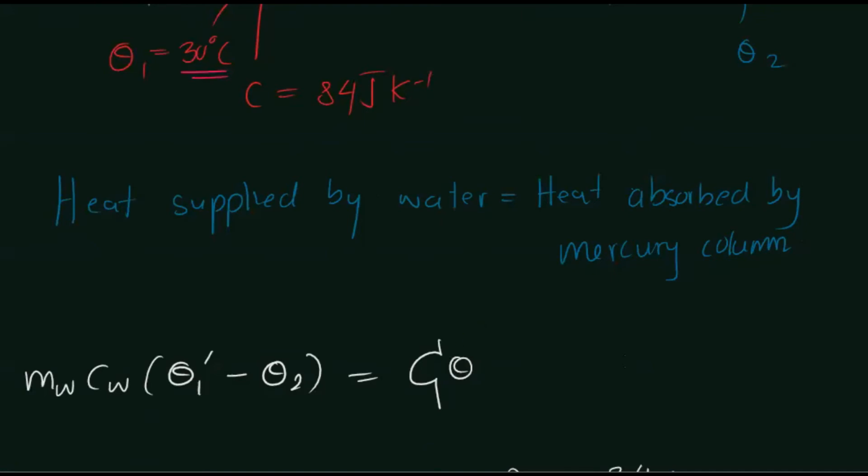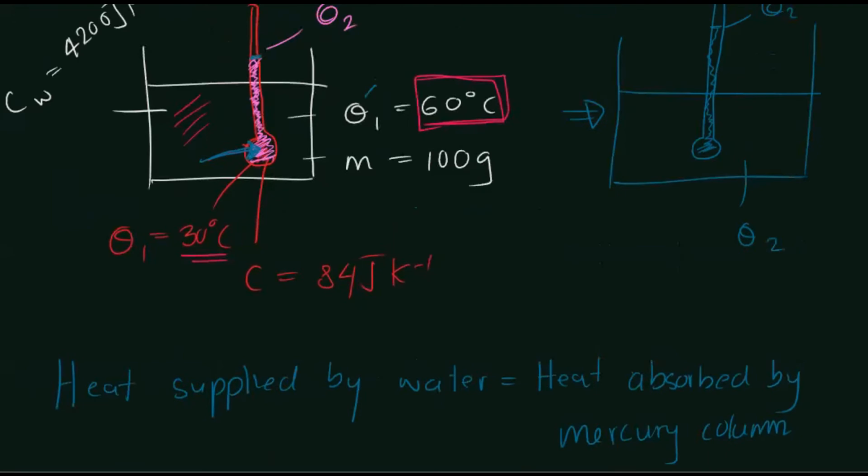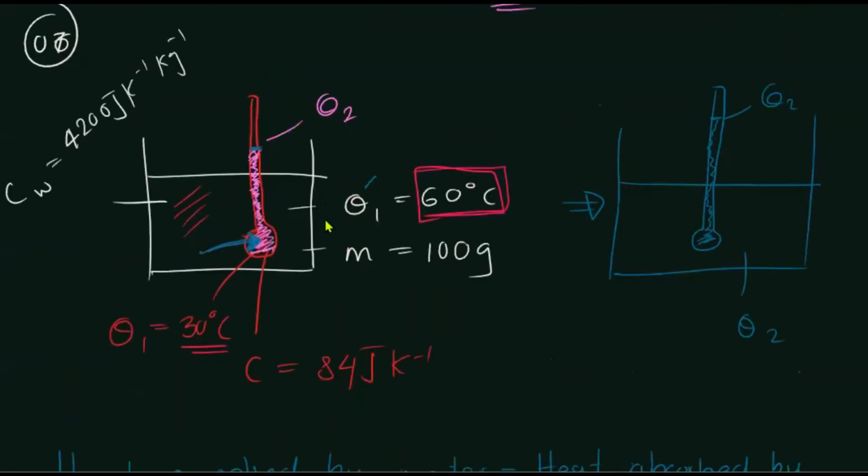When you write the heat absorbed by the mercury column, you need to write the temperature change as well. Initially, the mercury column was at what temperature? 30 degrees. The mercury column is going to absorb heat, and when it absorbs heat, its temperature rises, right?